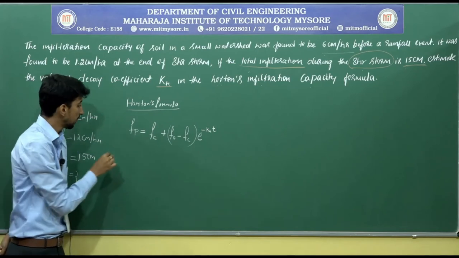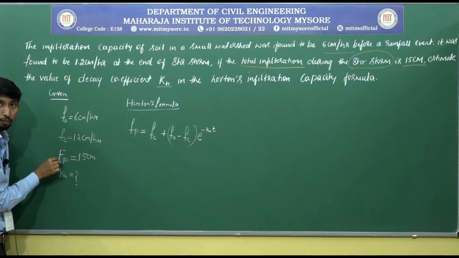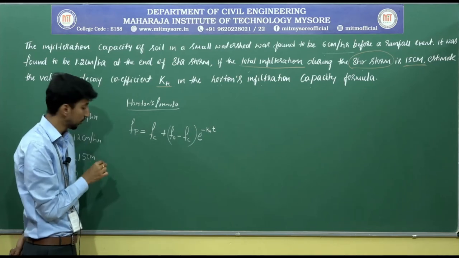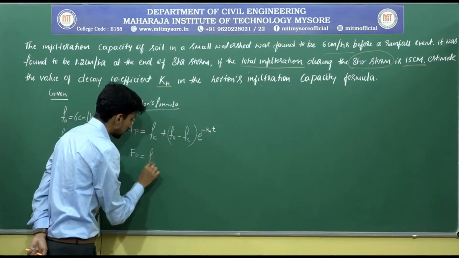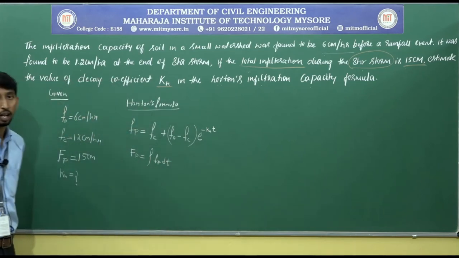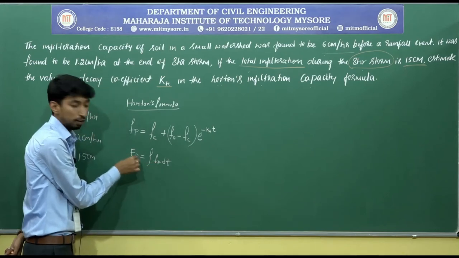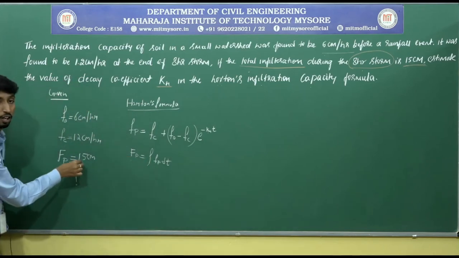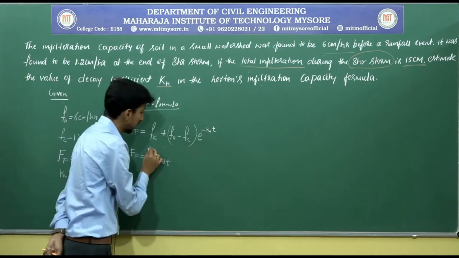Everything else we know, but the question mentions capital Fp, which is the integral of small fp with respect to time. If we integrate small fp dt, we will get capital Fp, which the question gives as 15 centimeter.